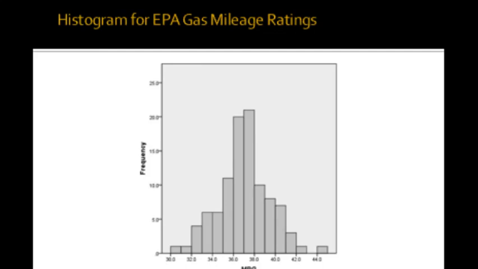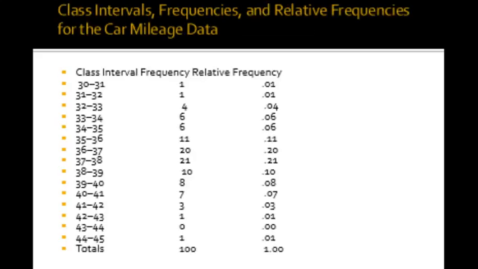Let's look at a class frequency chart for the EPA data for which we made this histogram. As you can see, the class intervals range from 30 through 31, 31 through 32, and so on. They are of equal width, and then we count the number of observations that fall in each interval.